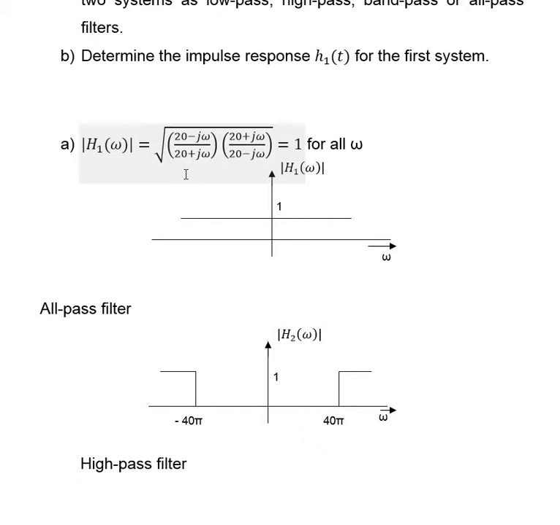When I do this for the first system, I find that my magnitude response is 1 for all frequencies. Since my magnitude response is 1 for all the frequencies, any input of any frequency that comes into my system gets out with the same magnitude. So therefore my system is an all pass filter.